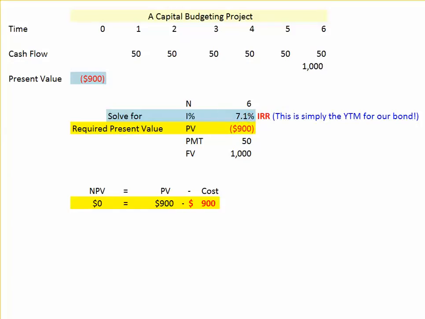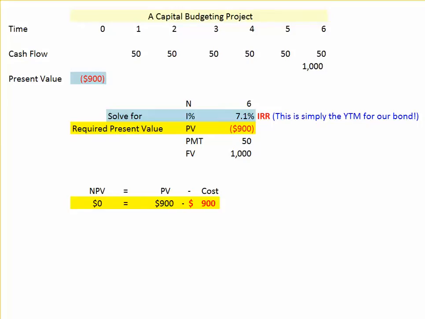And again, if our required rate of return is 9 or 10%, we would reject this because it's lower than our required rate of return. But in this case, if our required rate of return was only 7%, our internal rate of return of 7.1 is greater, and we would accept the project.